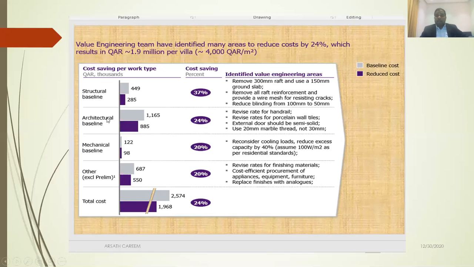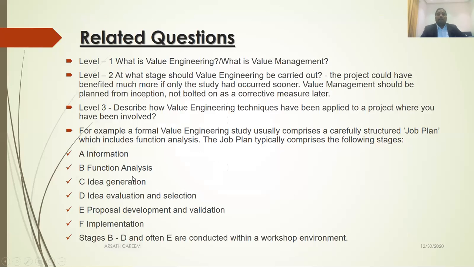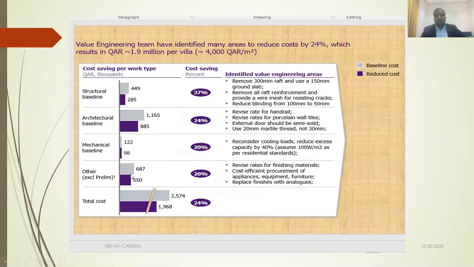So in the pre-contract stage, what mechanism do I have? The best mechanism I can use is value engineering. How did I do it? I follow these steps, A to F. As a quantity surveyor, I am part of the project team, which includes the project manager.